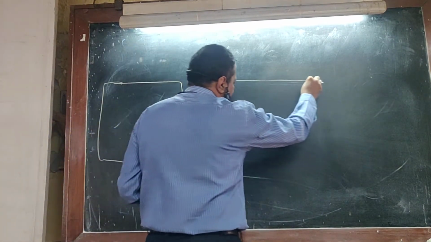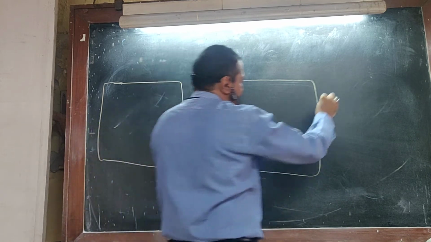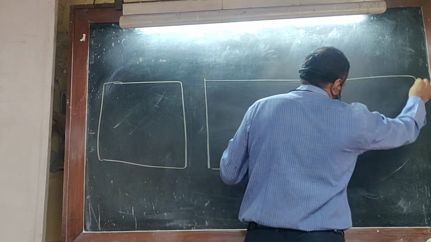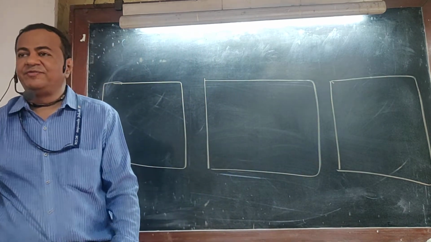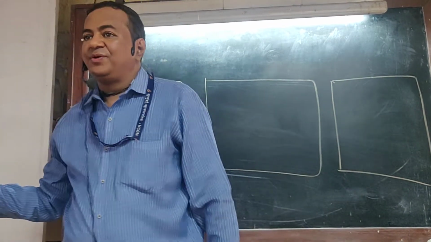How is placenta formed? What are the structures forming the placenta? Maternal side contributing, fetal side. Decidua basalis from the mother side and chorion frondosum from the fetal side.